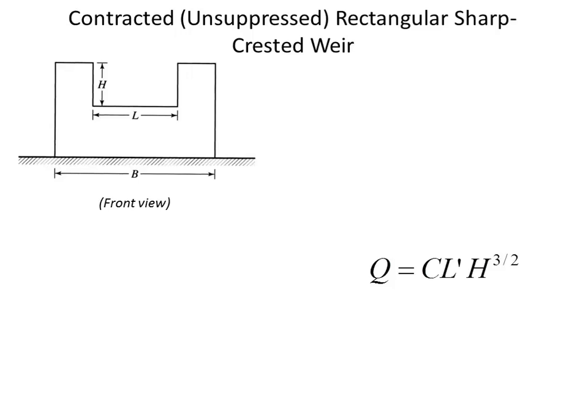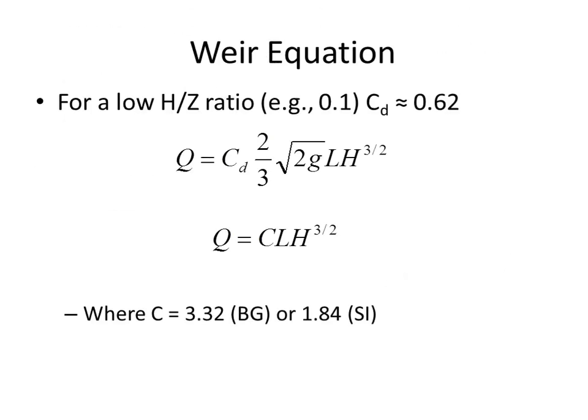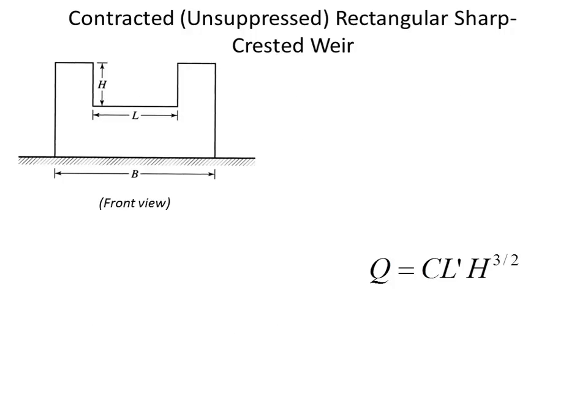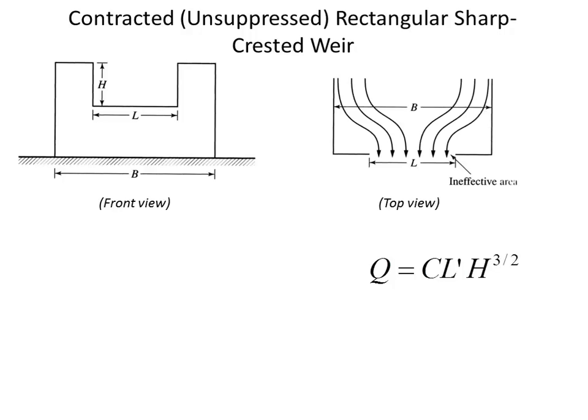Here's the unsuppressed weir, sometimes called a contracted weir, and it's a little bit different. Same principle, but we have to calculate a modified weir length. You notice that here in the formula is L prime instead of L. So here it was just L. For the full width weir, you use its actual length. But for an unsuppressed weir, you have to find an effective flow area.